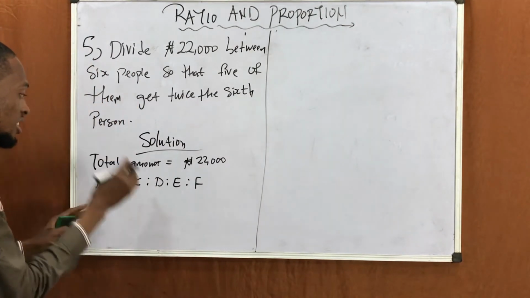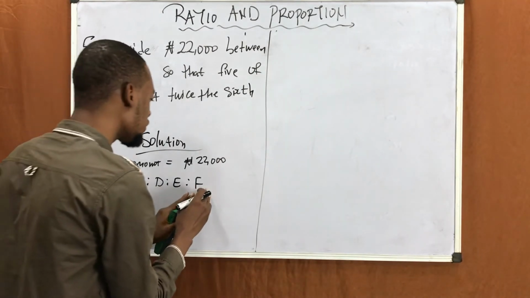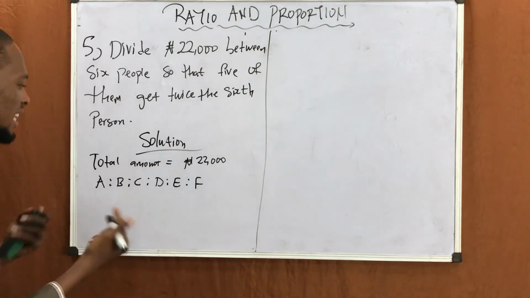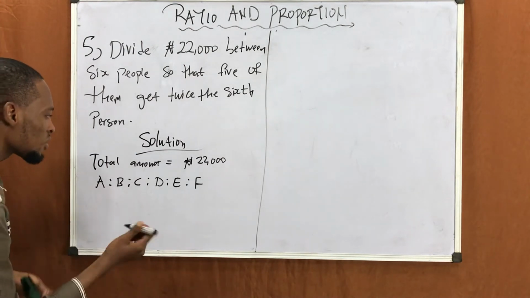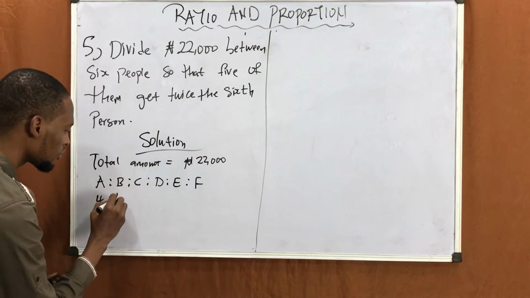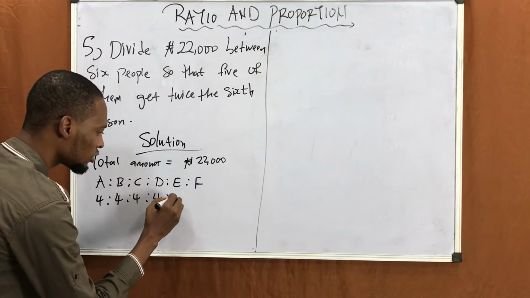The five get twice this, so choose a ratio. Let's say the first one takes 4 ratio, 4, 4, 4, 4.